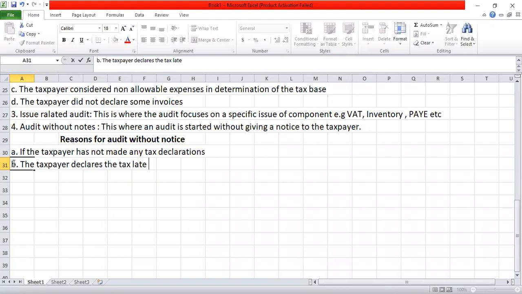If the taxpayer declares late, we know the deadline for declaration. So in that case, an audit without notice can be conducted.